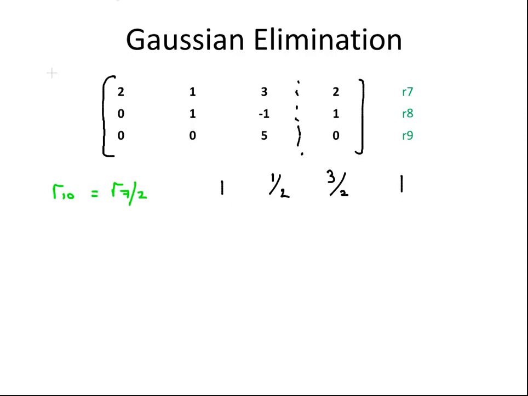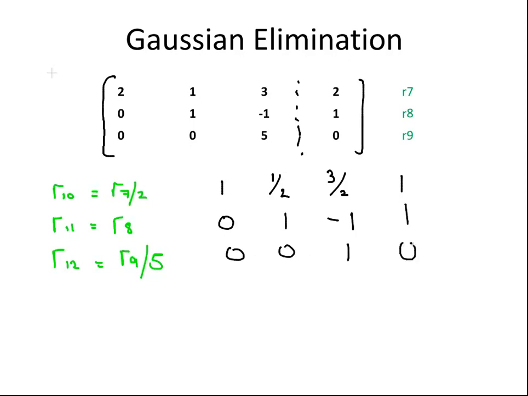R11 is simply R8, just repeated: 0, 1, minus 1, and 1. And R12 is going to be R9 divided by 5, and that is 0, 0, 1, and 0.